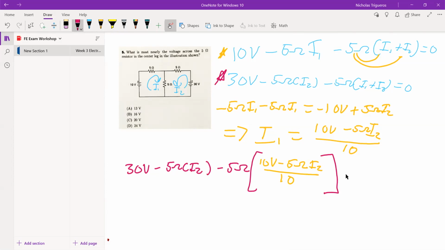Oh yeah, minus another 5 times I2. Now I have everything in terms of I2. We can solve for I2 here and then plug that into one of the other equations to get I1.